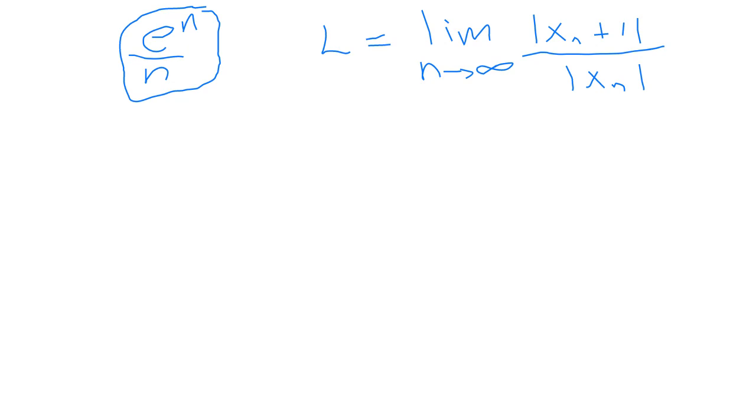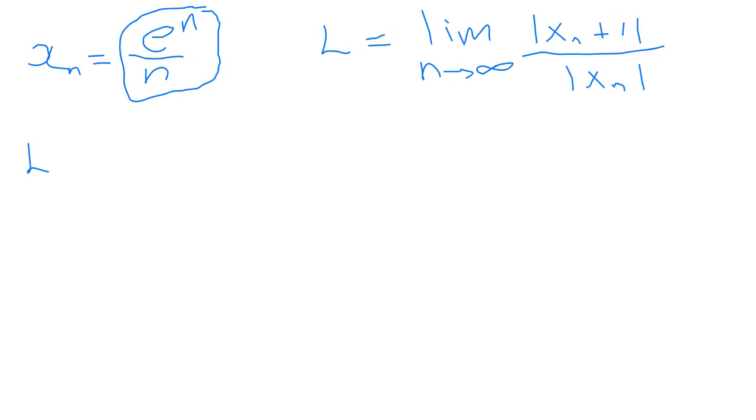0. If the L is greater than 1, then this sequence over here, let's call this the xn. They didn't give us a name, but let's just call it xn. Then that sequence is unbounded and then diverges. So we're going to test it now. We're going to test to see what that L is equal to.